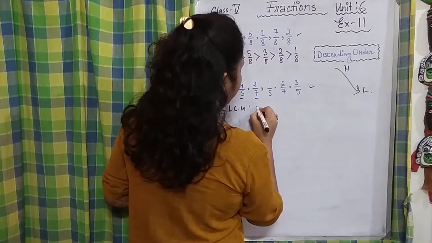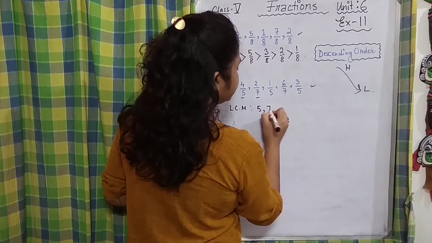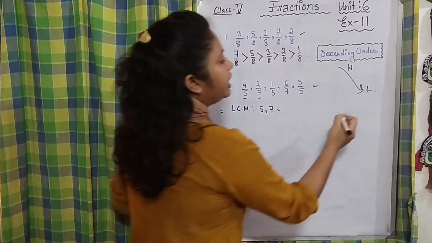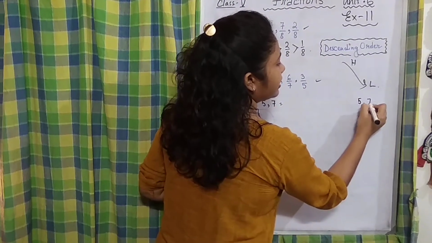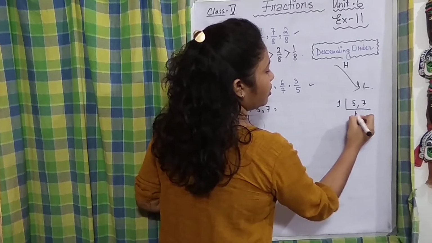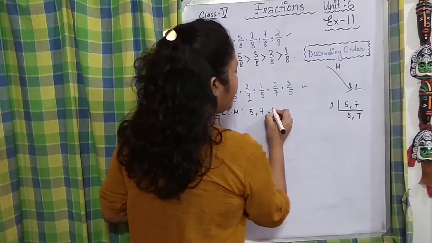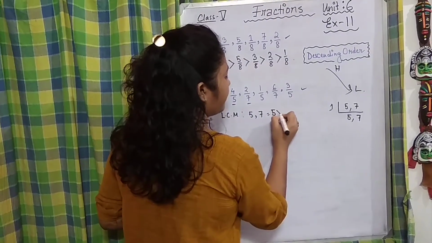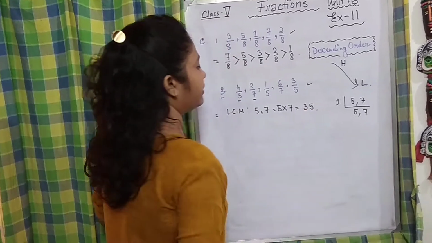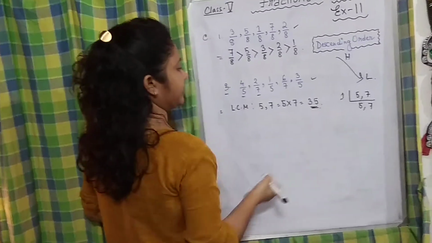So LCM of 5 and 7 will be taken. Now we know that when we are taking 5 and 7 as LCM, there is nothing common for them, so the simple multiplication is going to happen between them. So 7 5s are 35. So 35 is the LCM.